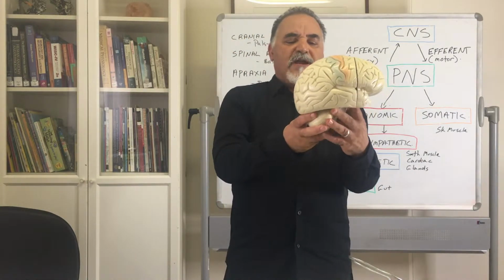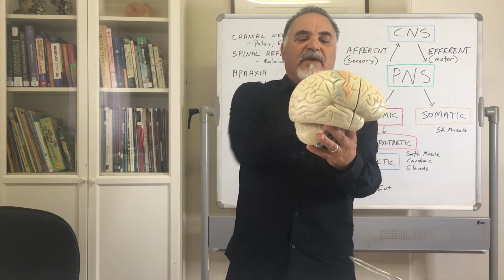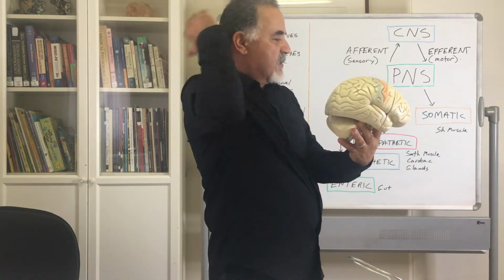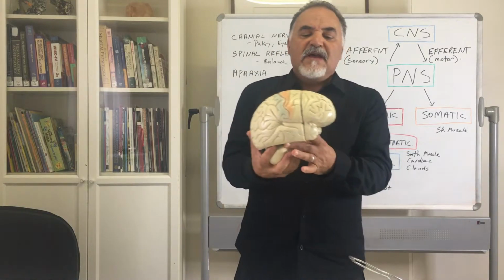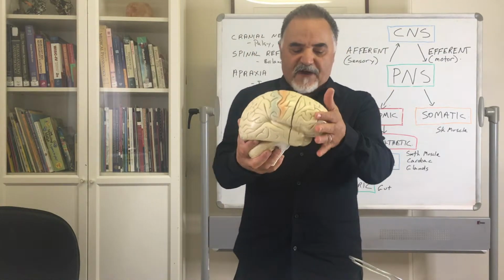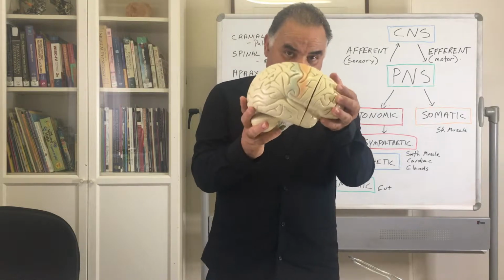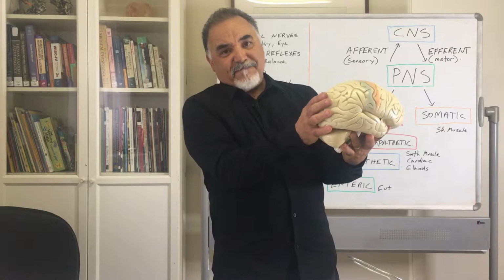If you position the brain in this manner, where this is the front and this is the back, I'm looking at it in this orientation. The front of the brain is what we call the anterior. At the back, this is the posterior.